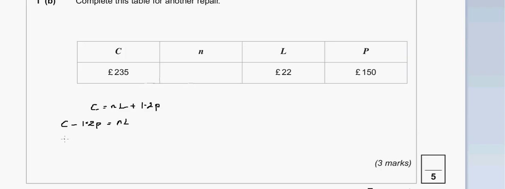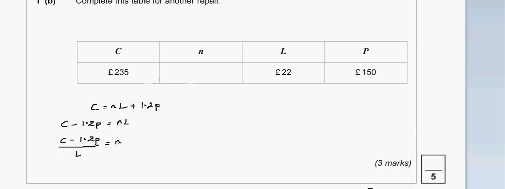So C minus 1.2P all divided by L will give us N. Okay, so this is where we get making something the subject of a formula or an equation. So now we have all our knowns on one side and the unknown on the other.